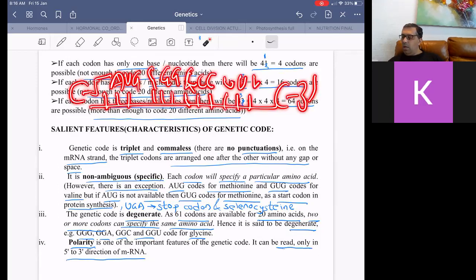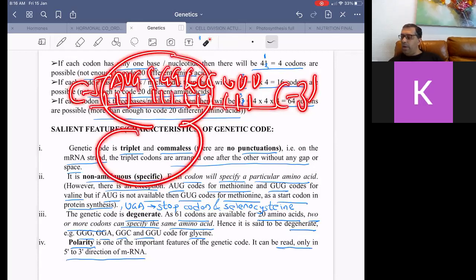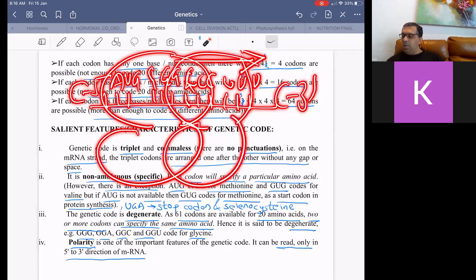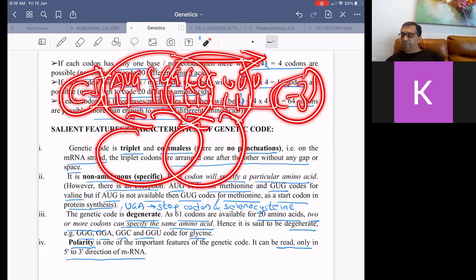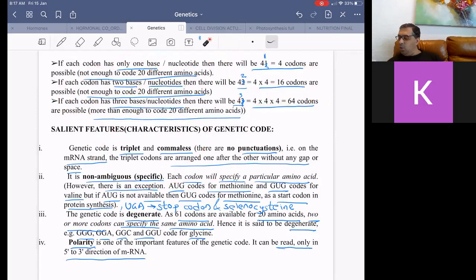So the tRNA enters the ribosome, and on translocation it will move by one codon. Which direction will the movement take place from? 5' end to 3' end. So reading by aminoacyl tRNA synthetase is always from the 5' end to the 3' end. So that is the polarity.